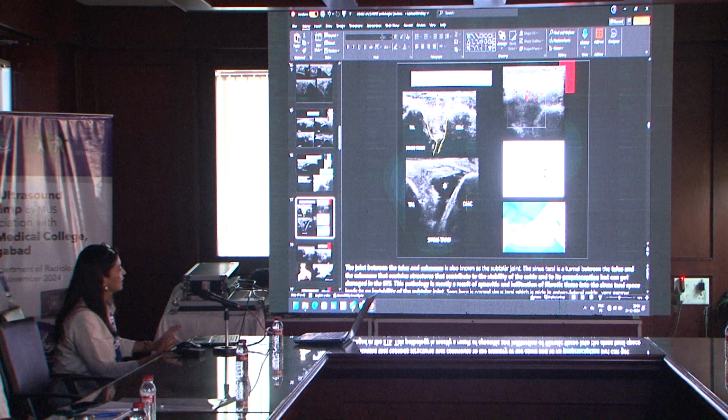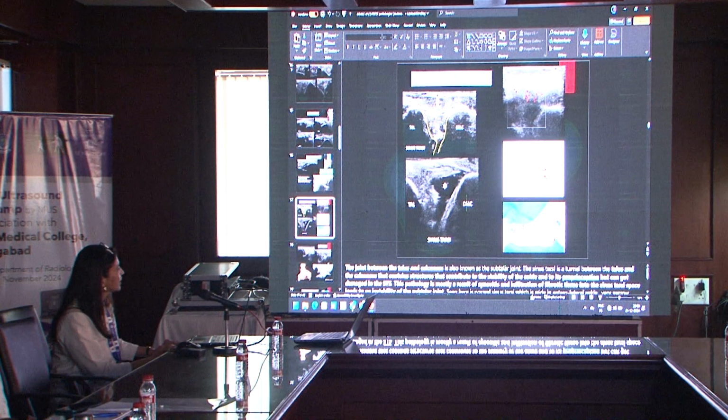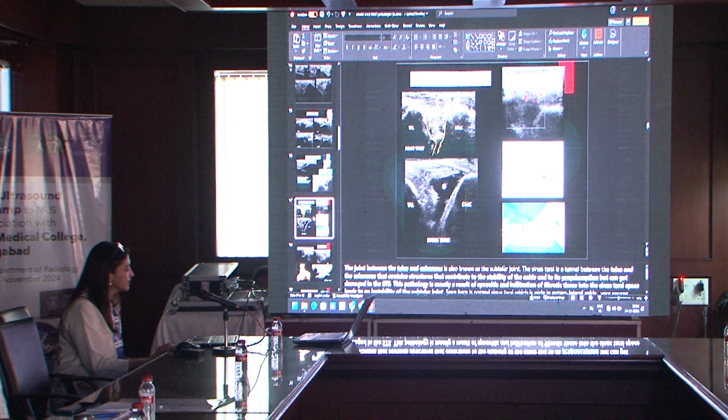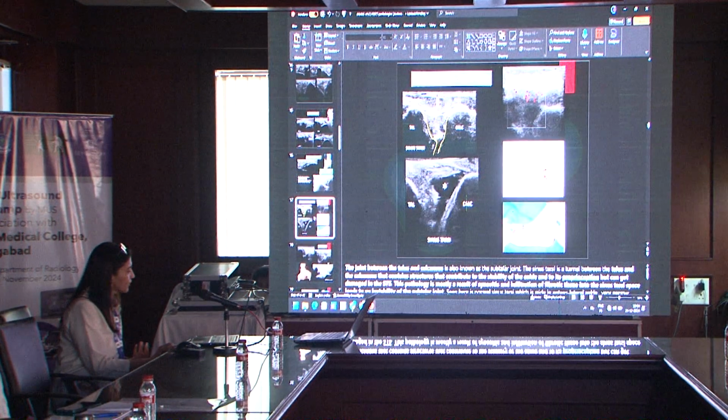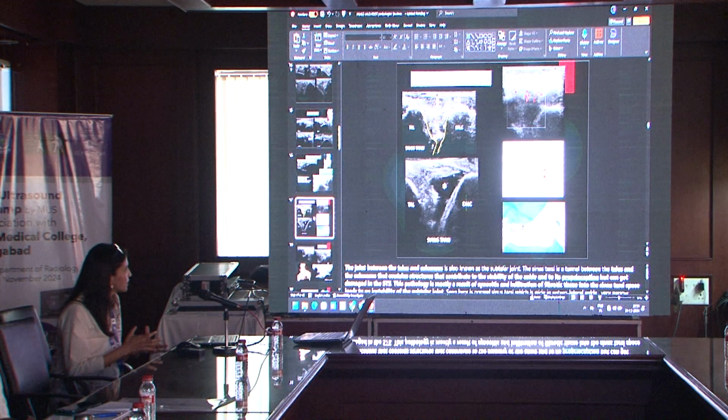Okay, so the subtalar joint, that is laterally what we see is a joint between the talus and the calcaneum, is also called as sinus tarsi. So, this joint has structures which contribute to the proprioception, so the stability.